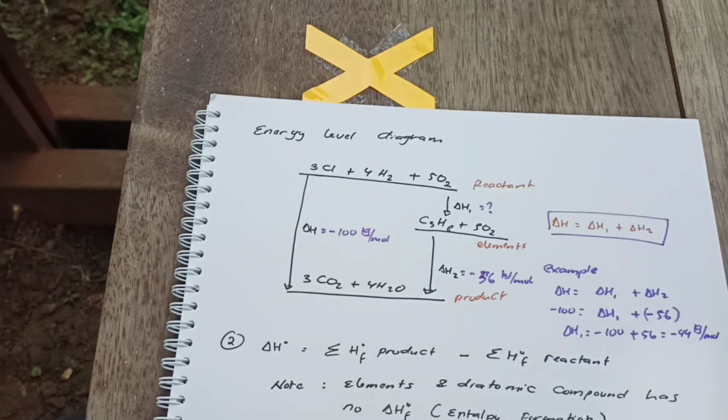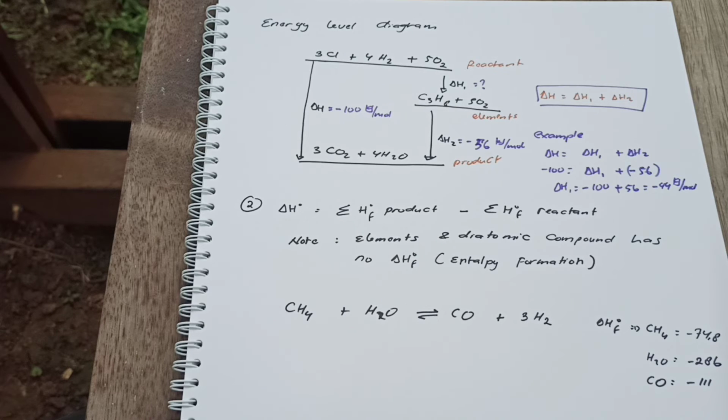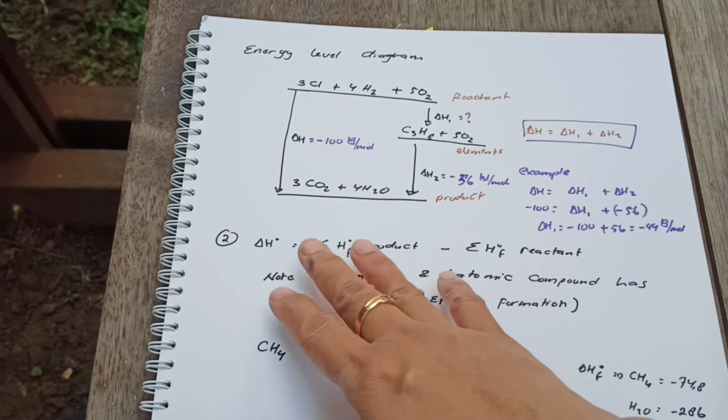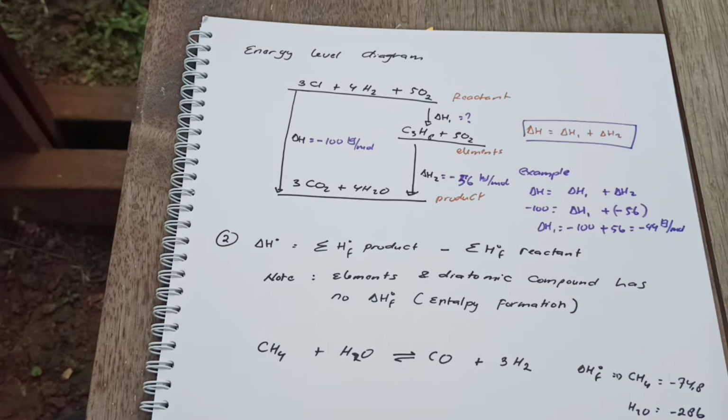The second part is a bit similar to bond enthalpy, but be careful with this one. With bond enthalpy it is reactant minus product, but for this one it's product minus reactant. People often mistake these two parts when they're doing the task, so be careful with it.